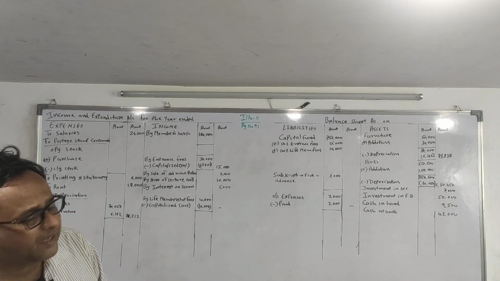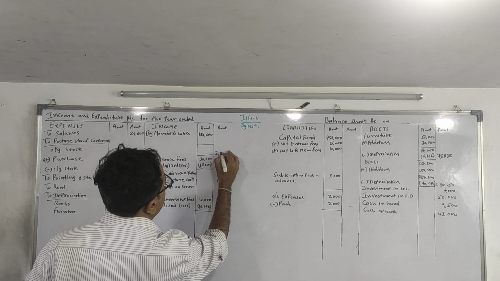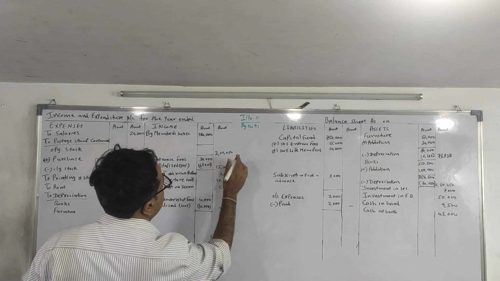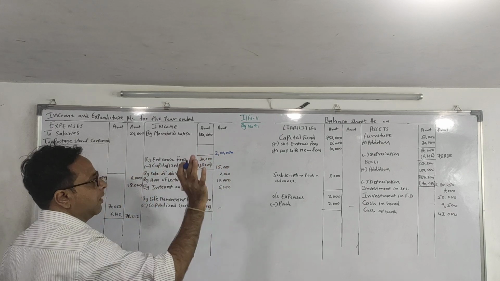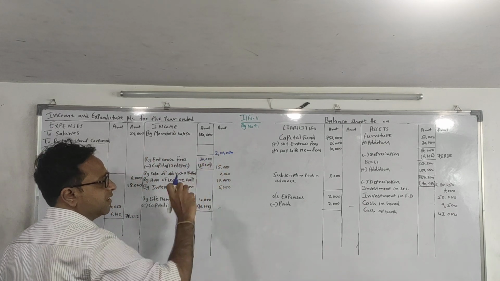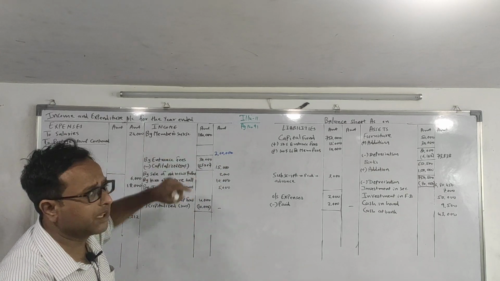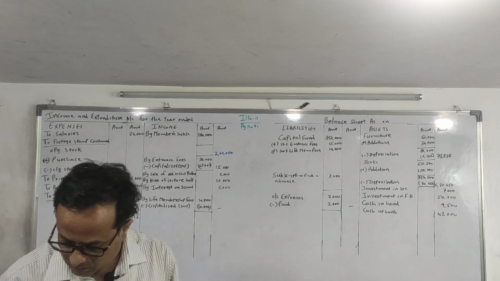So in the income and expenditure account, my subscription on the outer column will be 2 lakh. I am writing this on the outer column. This is my total subscription of rupees 2 lakh. How did you get this? 2000 into 100. Now what to do over here, I will tell you later on.